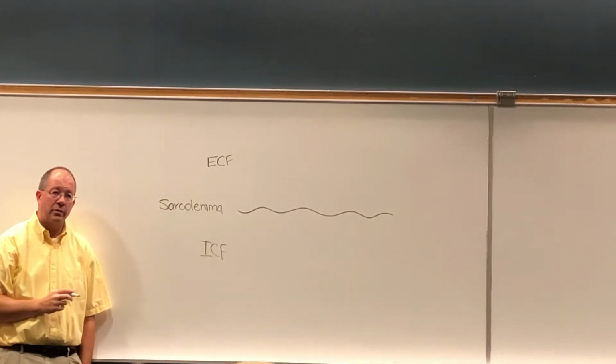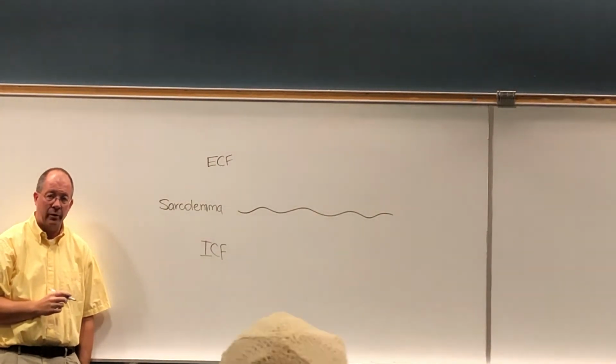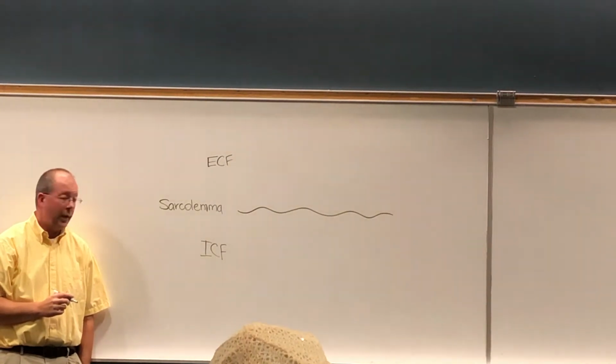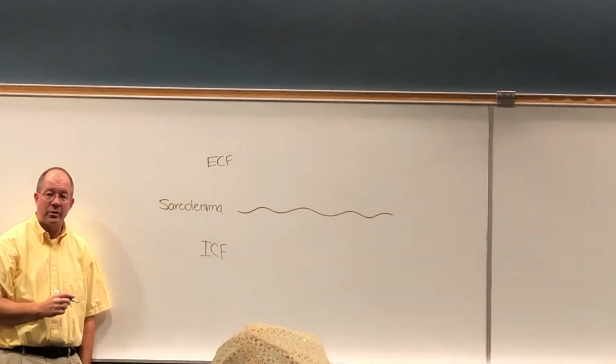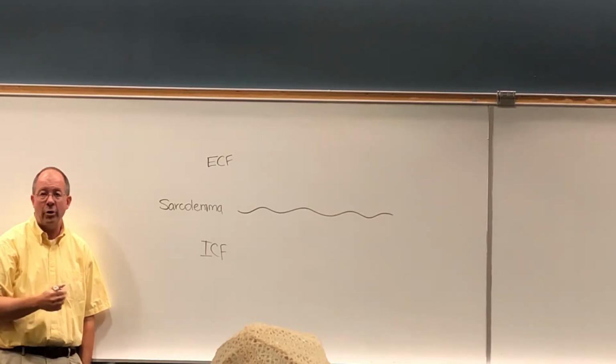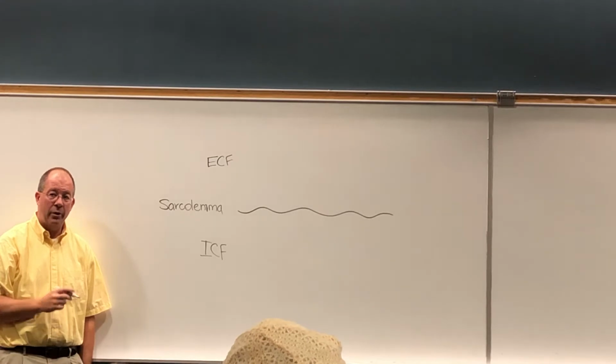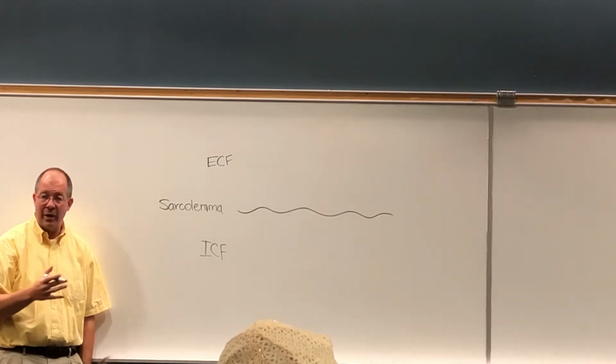ECF stands for extracellular fluid, meaning fluid on the outside. And ICF really refers to the cytoplasm, in this case the sarcoplasm. So now we know there are two fluids on either side of the membrane.